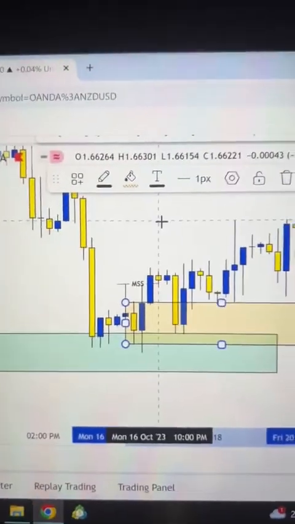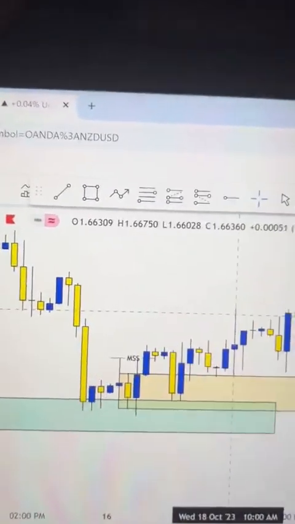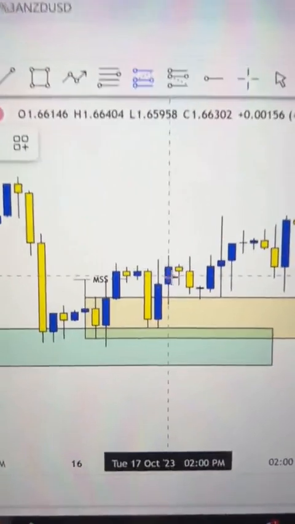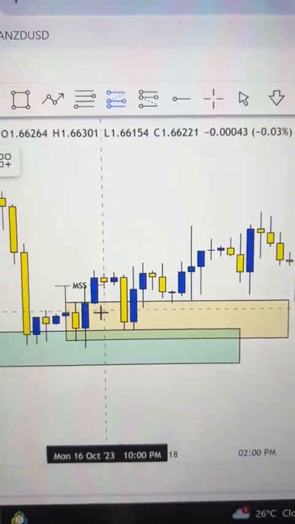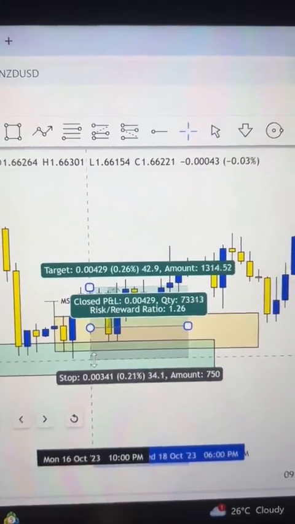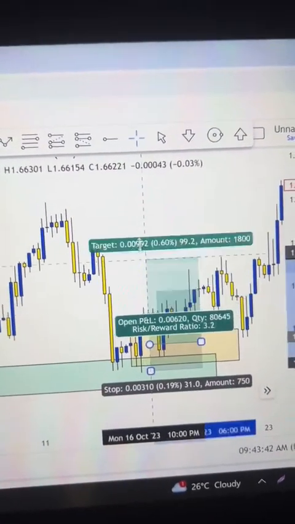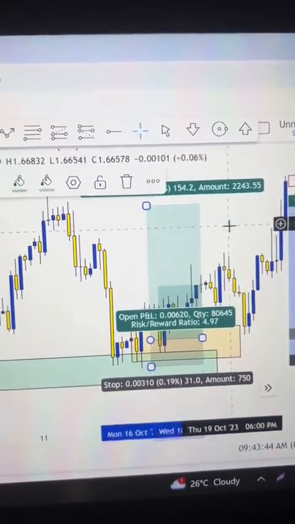This is how to trade. Okay, let me try to zoom out. This is what I'm looking for. Then you place your trade like here, stop loss below the zone here. Then your take profit will be up here. Let's assume this is the 15-minute time frame.